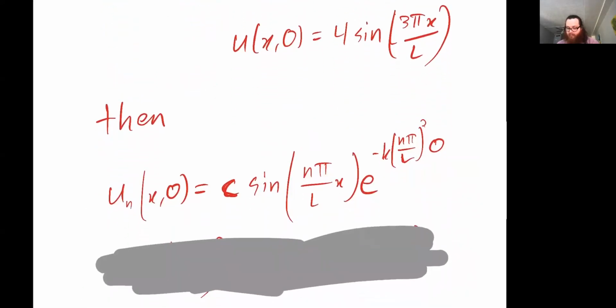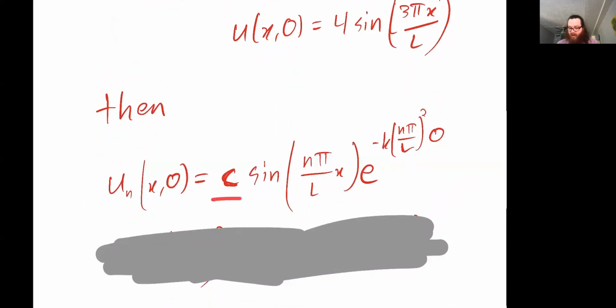So as we saw before, if we plug in the form of the solution, except now we're evaluating at time 0 because we have an initial condition, we're going to have some constant times sine of whatever times e to the whatever. Plug in t equals 0. That's going to be 0. So then this whole thing is going to be 1.